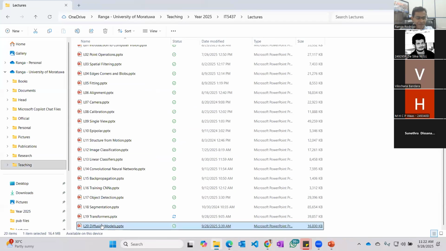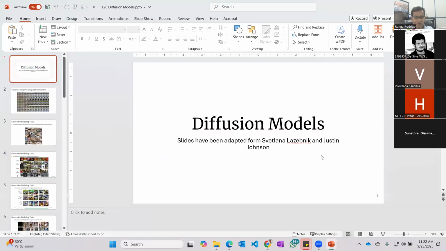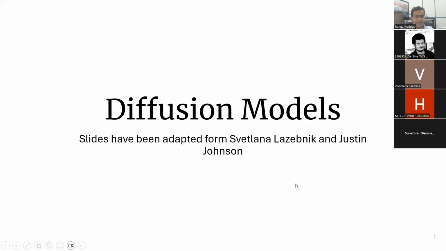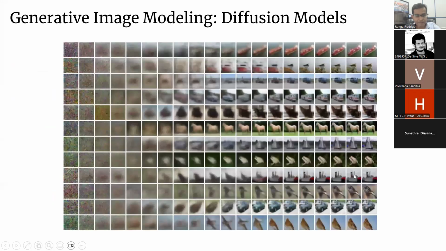A lot of details are there, but I will not go through all the details, but I will briefly talk about how images are generated. So now the images are generated using so-called diffusion models. So you start with some noise and then you finally end up with the image.